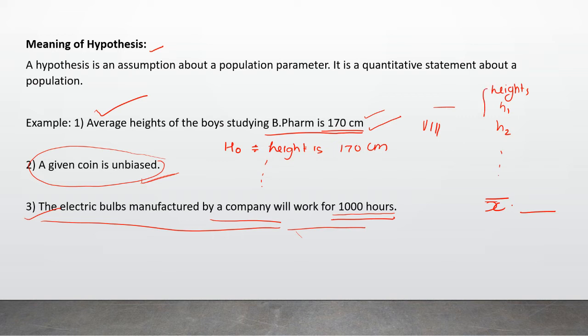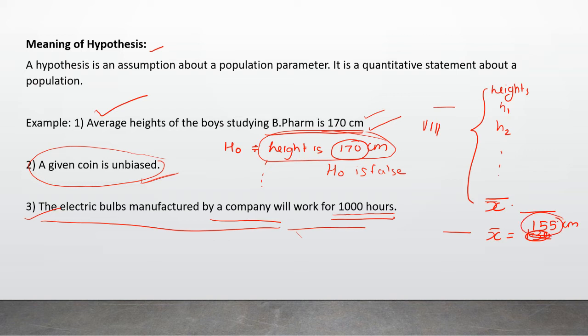Then whenever I measure them practically, whatever decision I see, now suppose x bar I get to be 130, oh sorry, 130 will be too less, right? 155 centimeter as the average height, then obviously I can say that my H naught is rejected, that is, my H naught is false in this case, right? Why? Because there will be a lot of difference between 170 and 155.